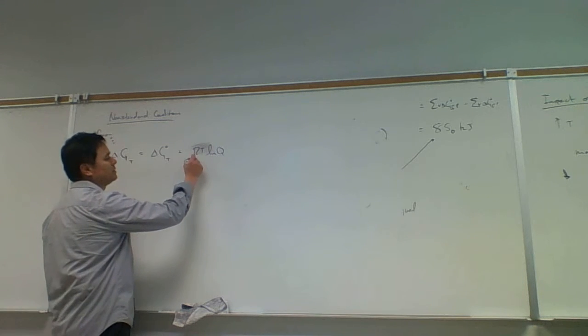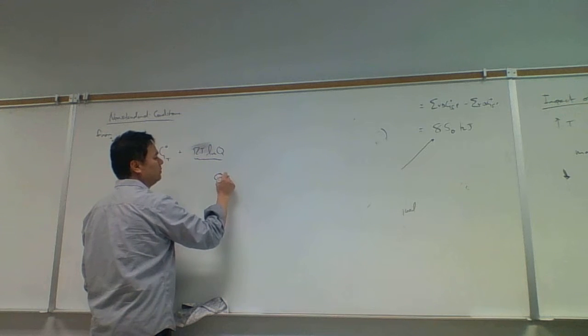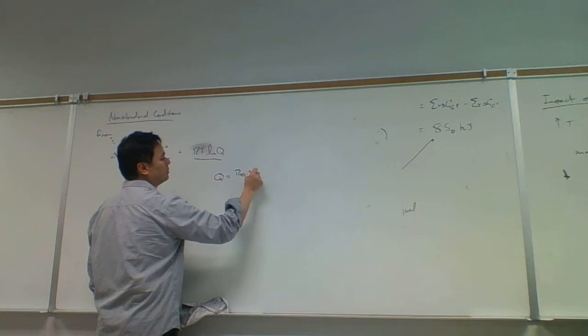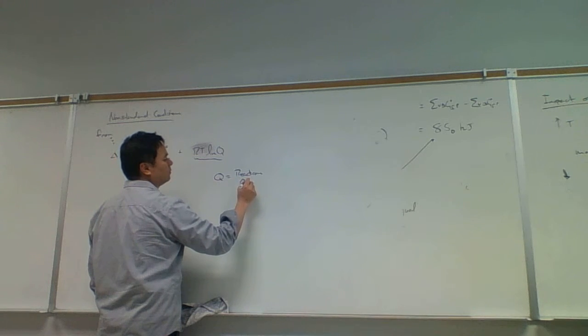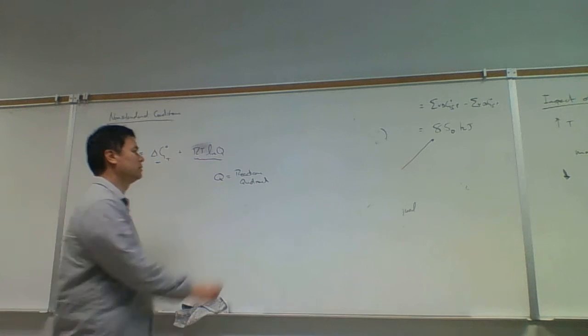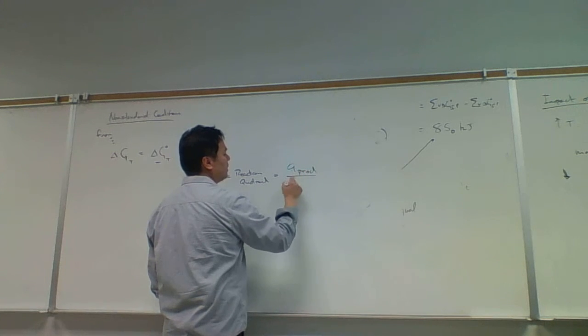What this does is it just corrects this. And this is where Q is the reaction quotient, the thermodynamic reaction quotient. The thermodynamic reaction quotient looks like this: it's the activity of the products divided by the activity of the reactants.